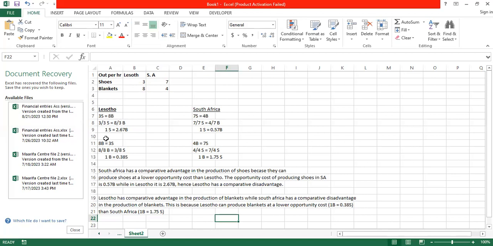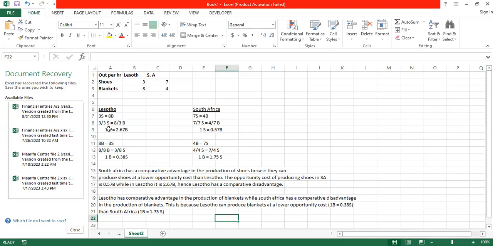For instance, the autarky price here of 1 ton of shoes is 2.67. So it's basically the price of that shoe or that blanket in Lesotho. When we talk of autarky, we are talking of a situation without trade.